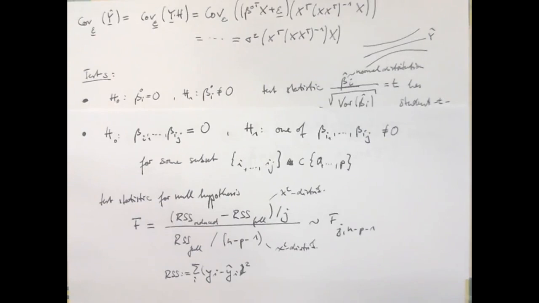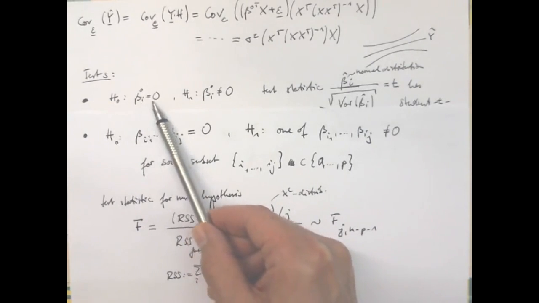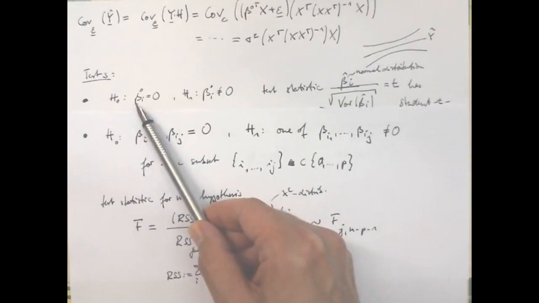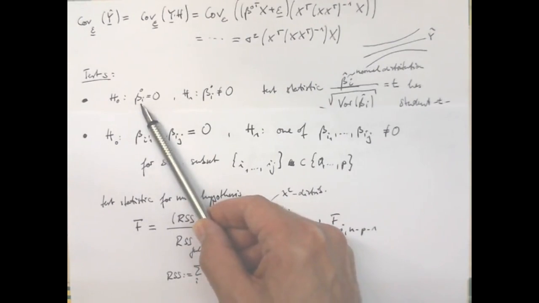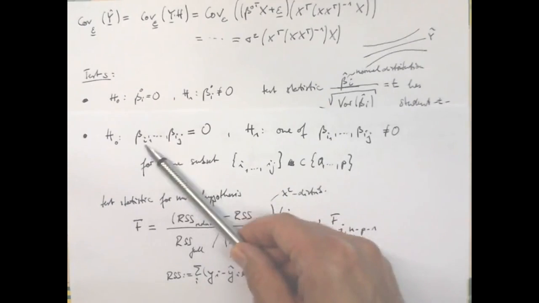So is there unequivocal support in your training data for regression coefficient number i to be non-zero or not? Or for an entire subset for them to be zero or not?